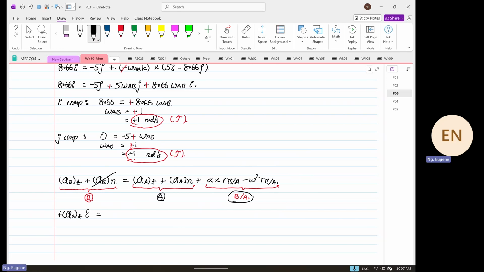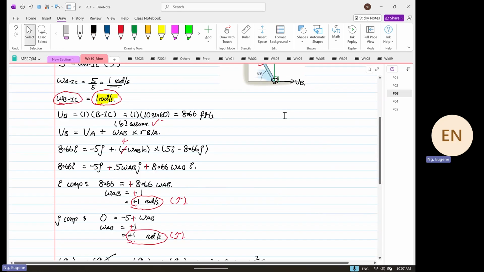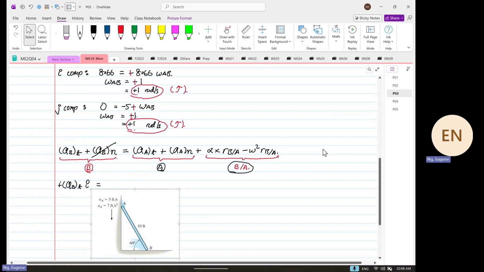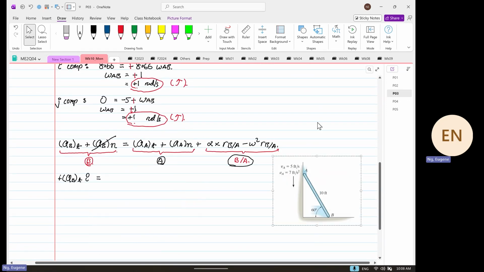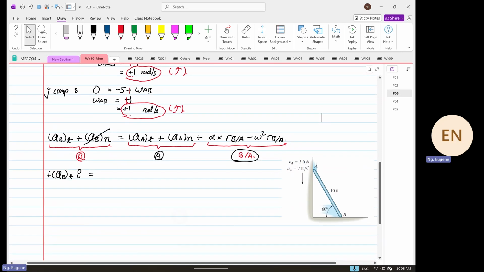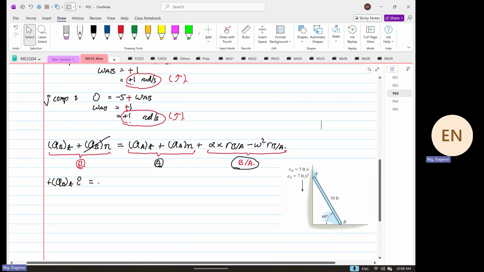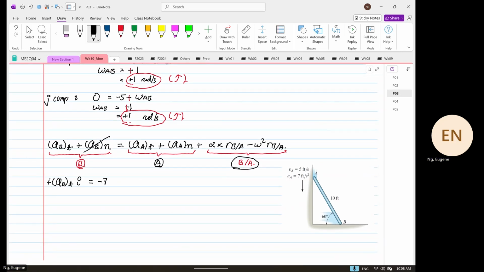And then at point A, let me get the diagram down so we will not get lost. Then over here, you have minus 7J. Okay, so this is done. This is equal to 0, we can get rid of it.